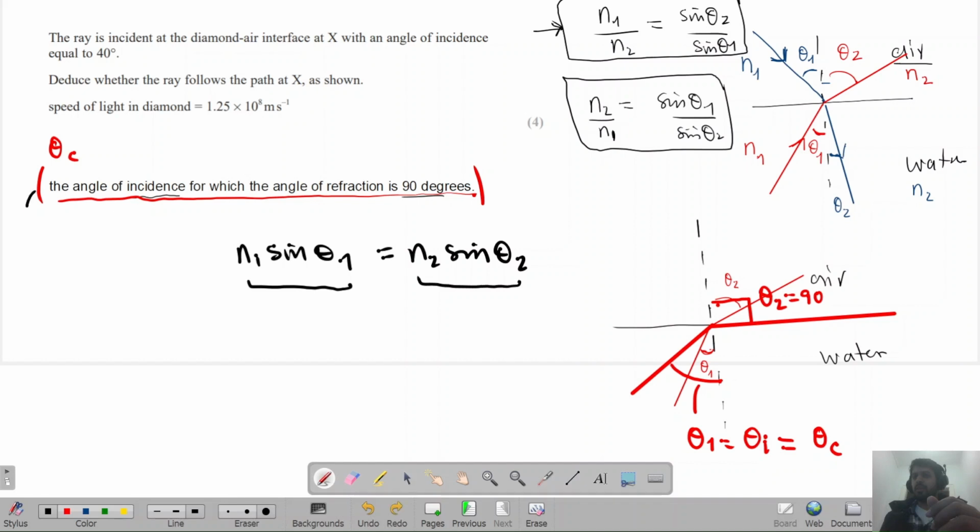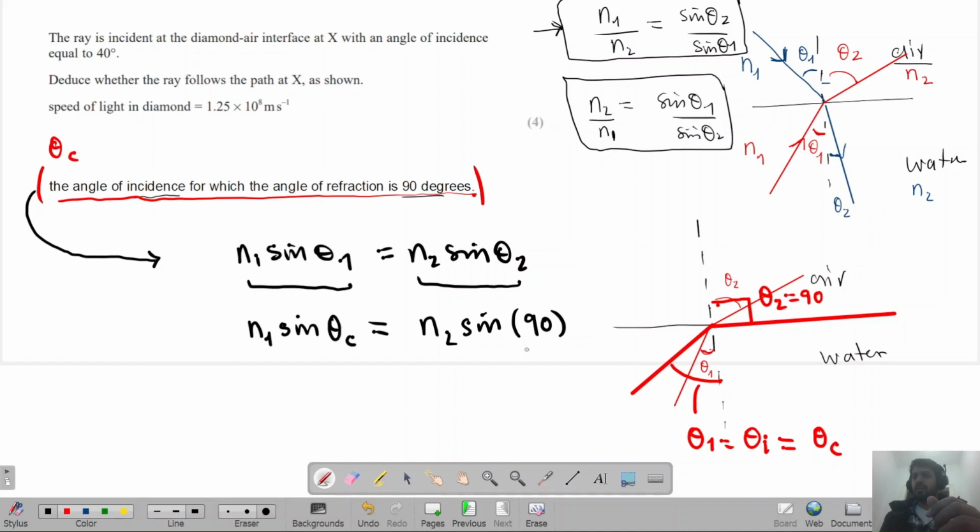Now, if we apply this to Snell's law, we can write N1 sine of theta of incidence, but now the incidence angle is the critical angle, so I'll write theta C. And by definition, because the incidence angle is the critical angle, the refracted angle will be 90 degrees. So theta 2 should be 90 degrees because this is the definition of critical angle.